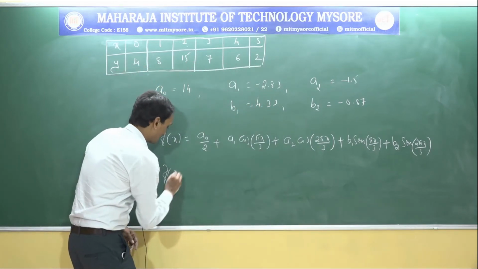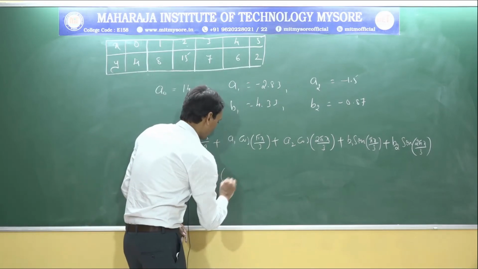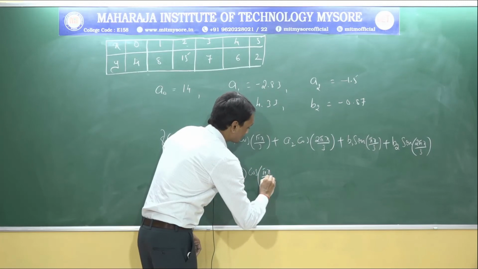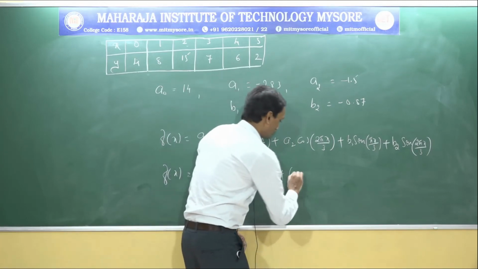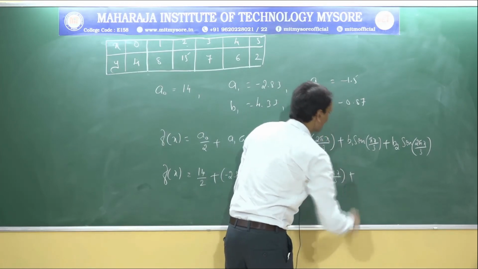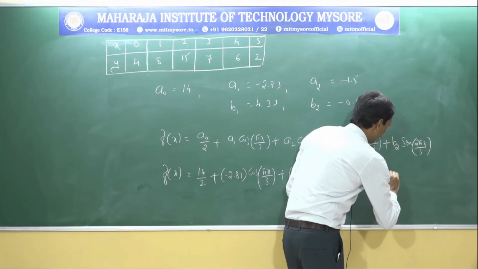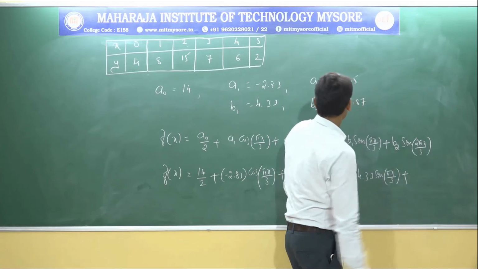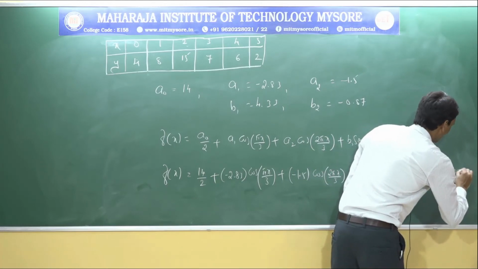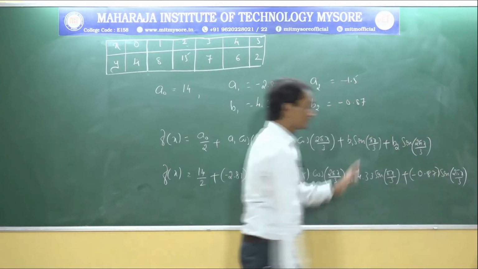That is f of x equal to 14 divided by 2 plus minus 2.83 into cos pi x by 3 plus minus 1.5 into cos 2 pi x by 3 plus 4.33 into sin pi x by 3 plus minus 0.87 into sin 2 pi x by 3. I just replaced all the values.